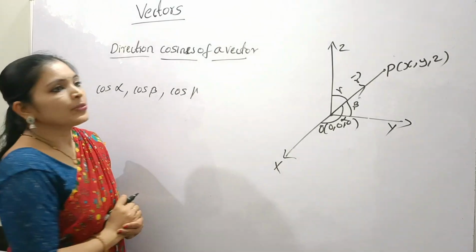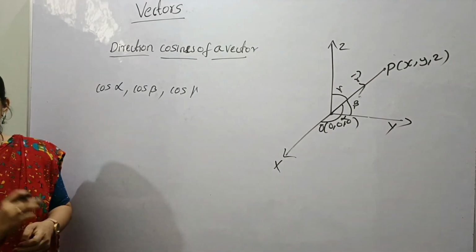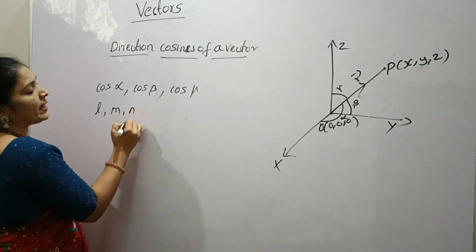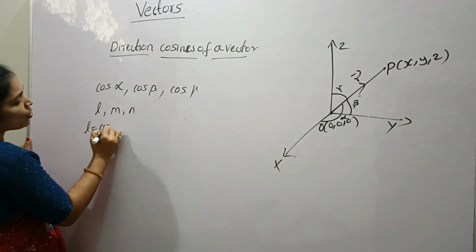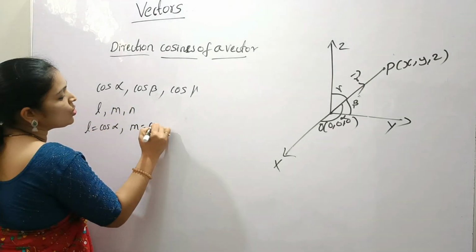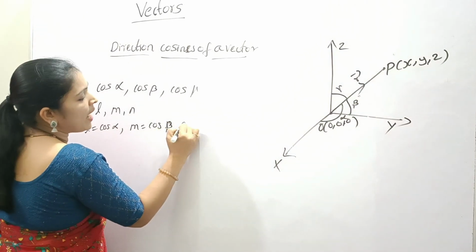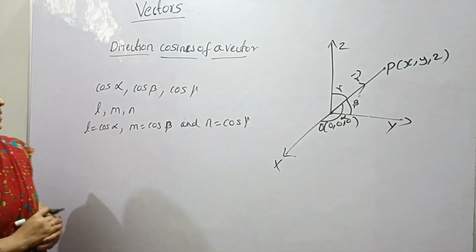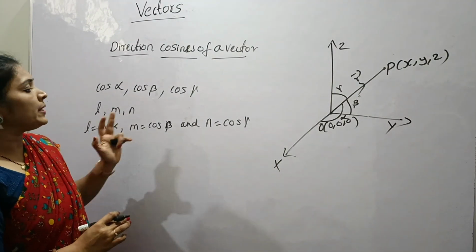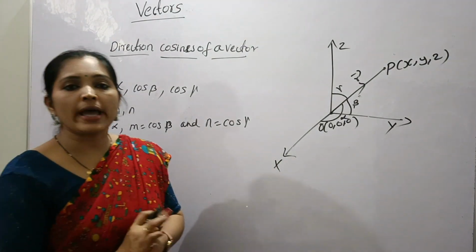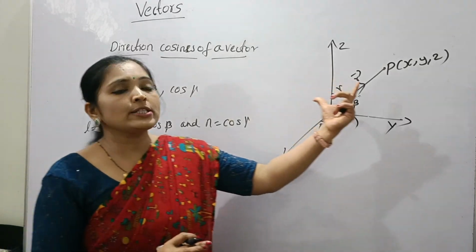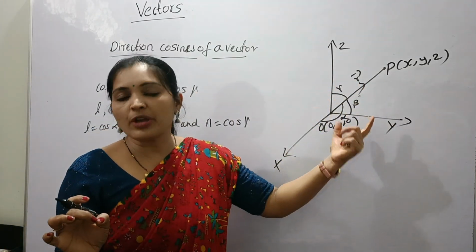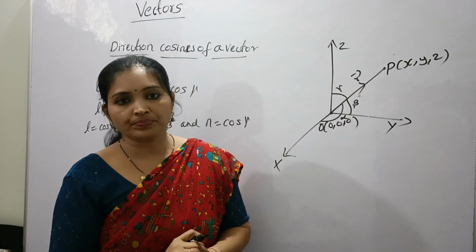Direction cosines of a vector are usually denoted by L, M, N. That is, L is equal to cos alpha, M is equal to cos beta and N is equal to cos gamma. These are the direction cosines of the position vector R.